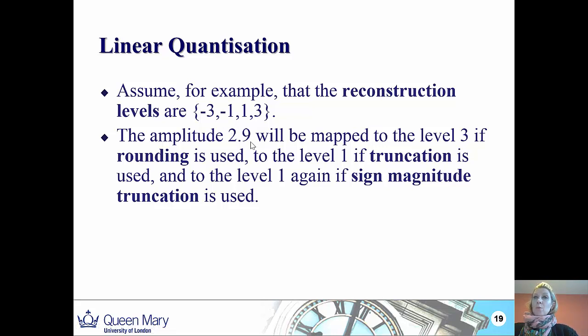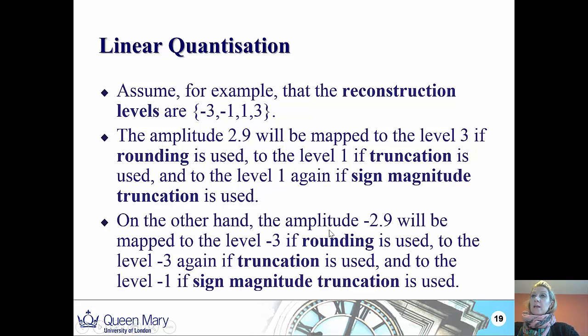It will be mapped to the level 1 if truncation is used, so it's rounding the number to the closest level which is smaller than it. And whenever sign magnitude truncation is used, it will be rounded to the level 1 again.